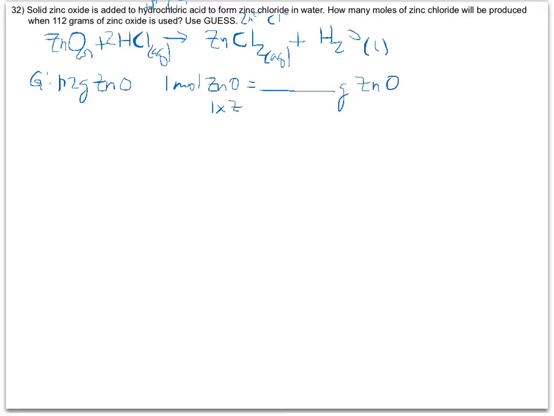So we've got 1 zinc, we've got 1 oxygen. The mass of zinc is 65.38. The mass of oxygen is 15.999. We add those two together, and we get 81.379.